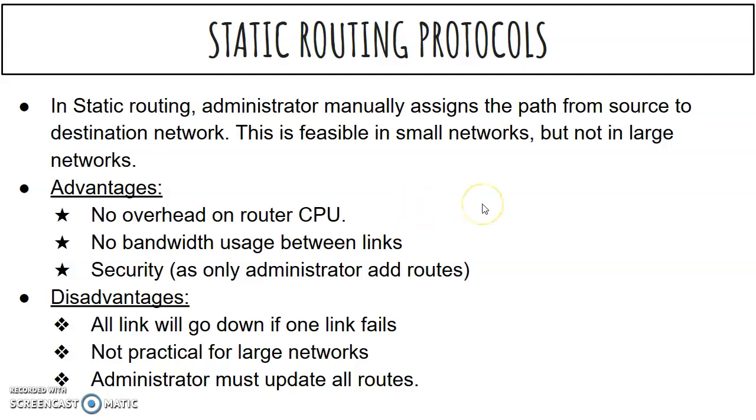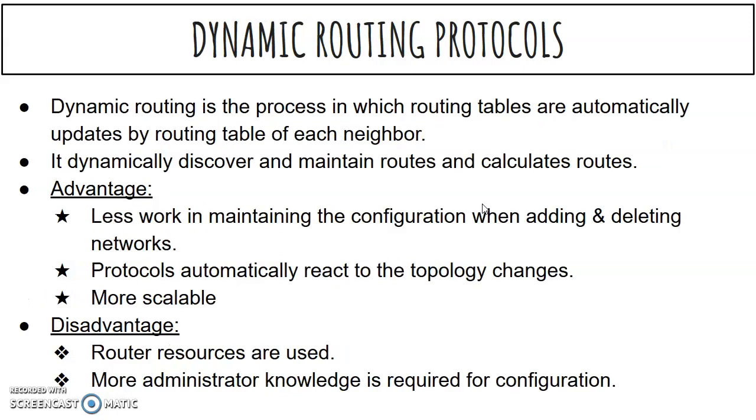So this is why dynamic routing protocols have come into the picture. And dynamic routing protocols update the routing tables of the routers by using routing information from their neighbors. So it automatically discovers and maintains routes and calculates routes between the nodes.